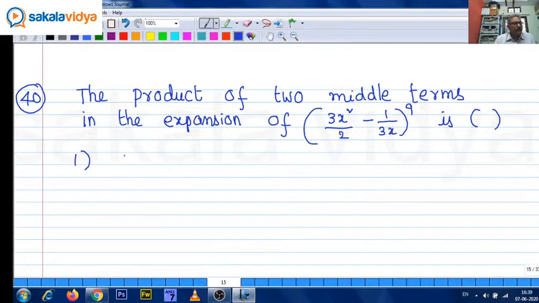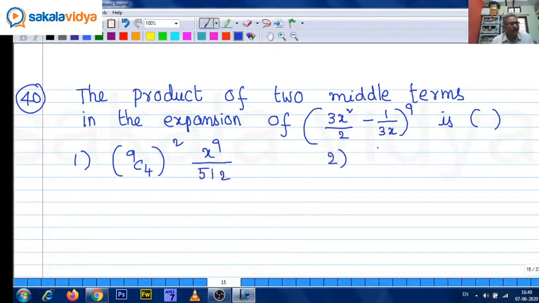First option is (9C4)² x^9/512. Second option: 9C4 multiplied by 9C5 x^8/512.